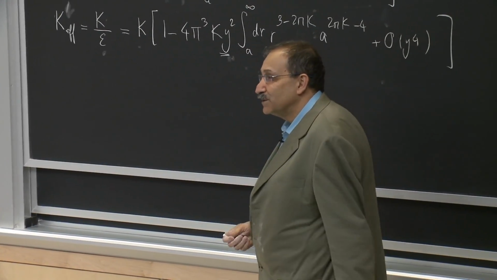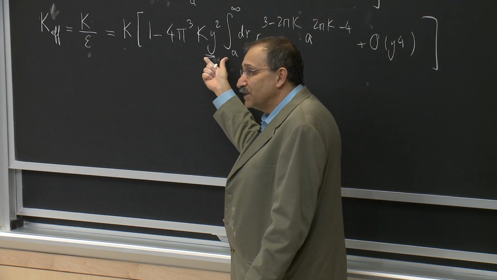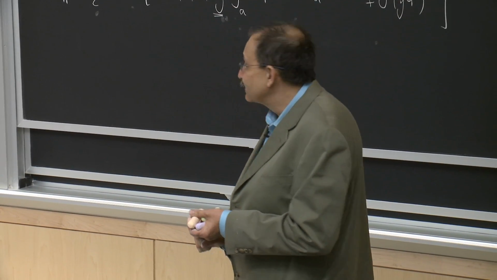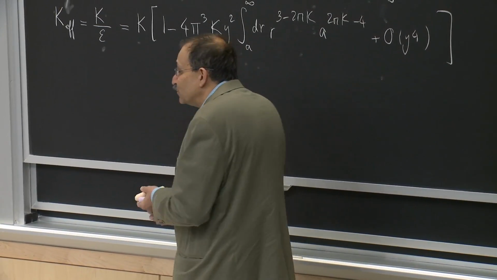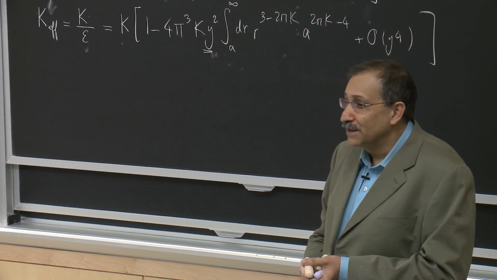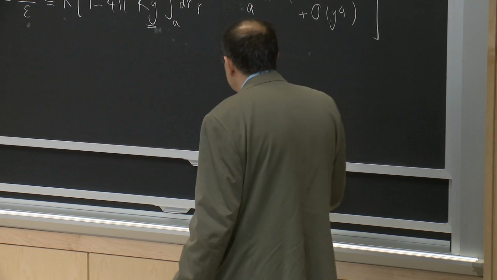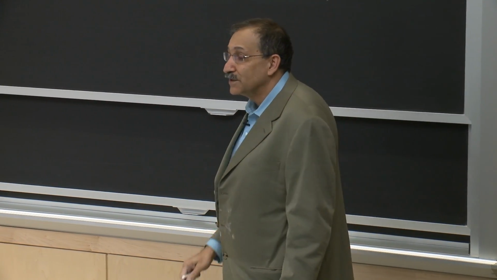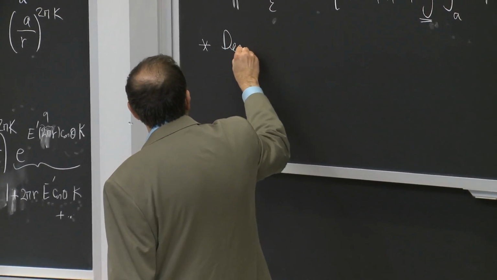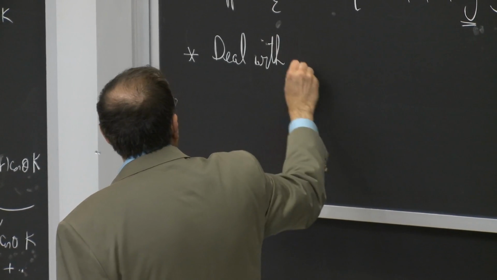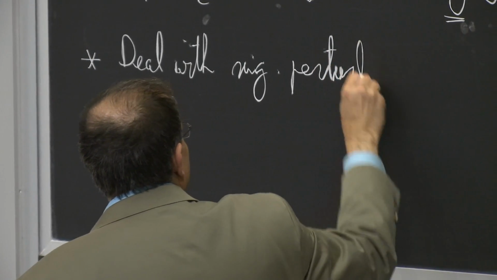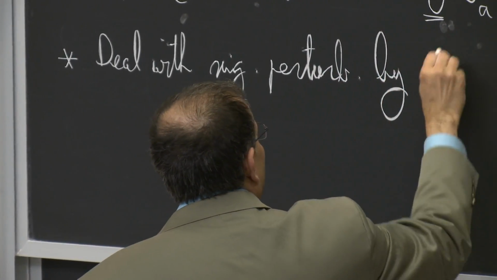And so the perturbation theory inherently became singular despite your thinking that you had a small parameter. So we are going to use the same trick that we used for the case of the Landau-Ginzburg model, that is, deal with singular perturbations by renormalization group.